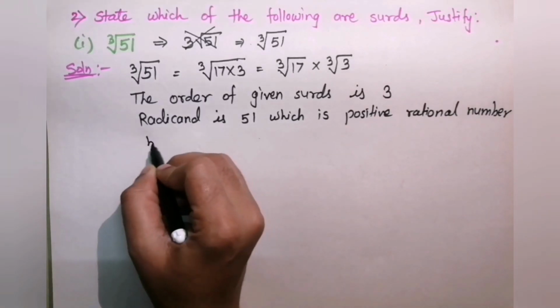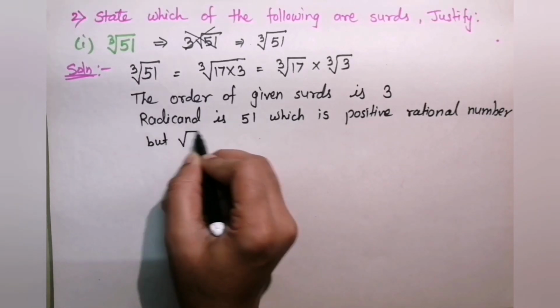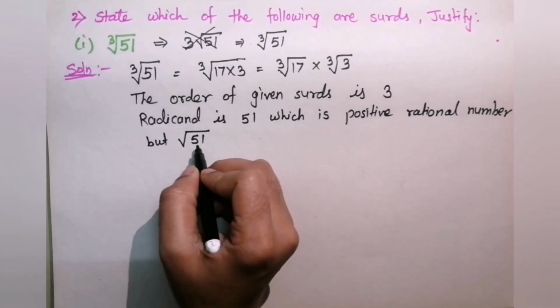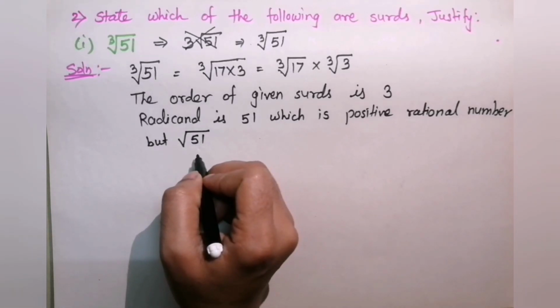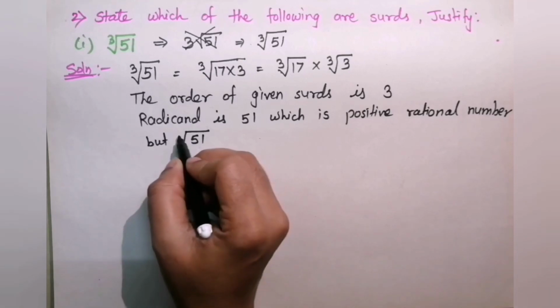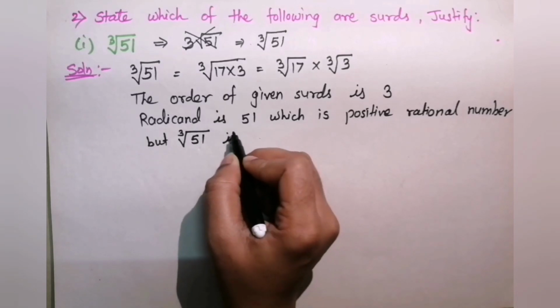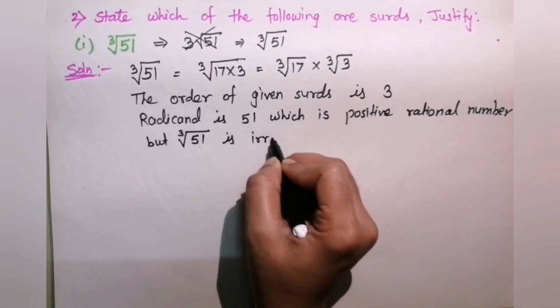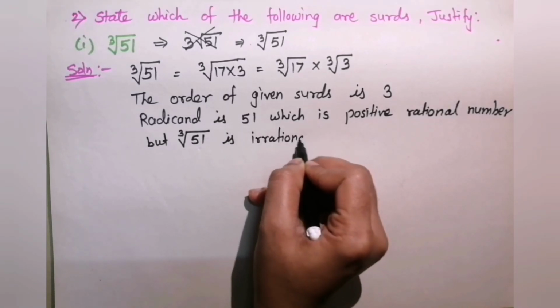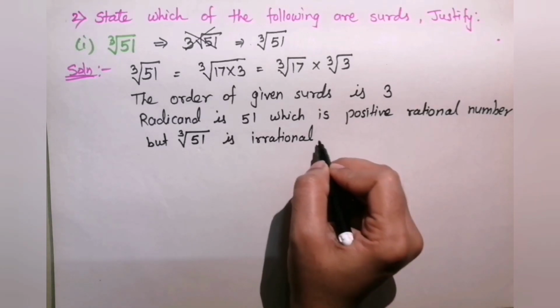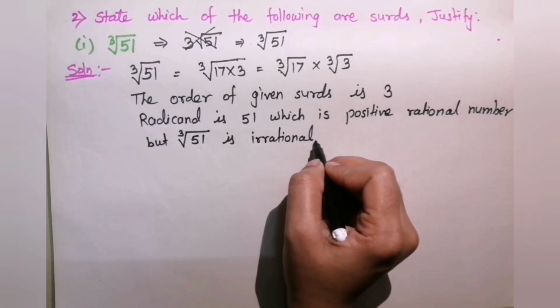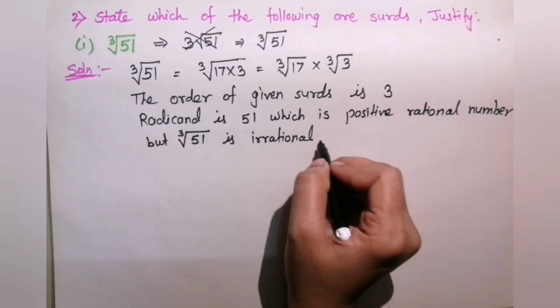But cube root of 51 is an irrational number. Write down cube root of 51 is an irrational number because we cannot factorize it and we cannot get a rational number.